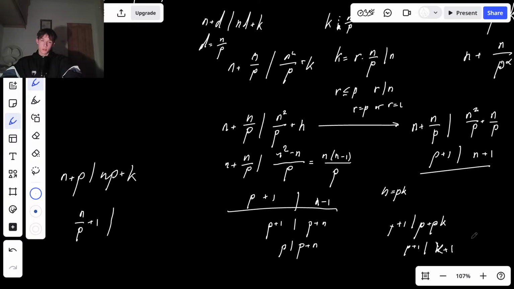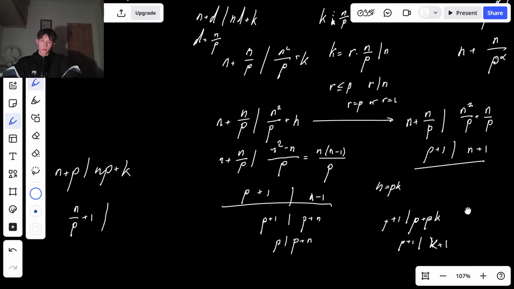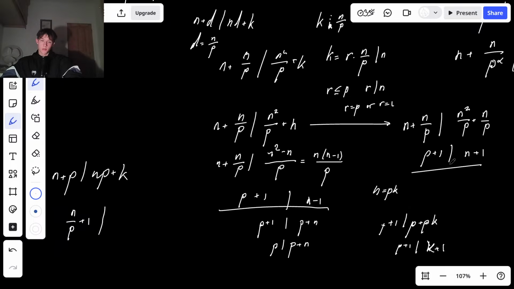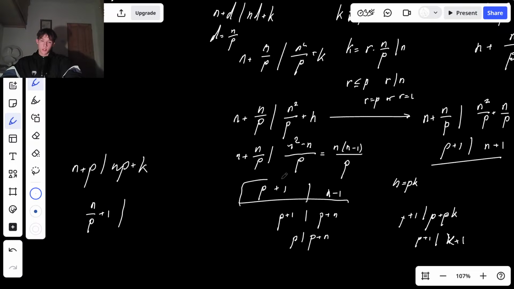k plus 1, wait, k plus 1, and we showed that p plus 1 divides n plus 1, or p plus 1 divides n minus 1. We showed one of these.